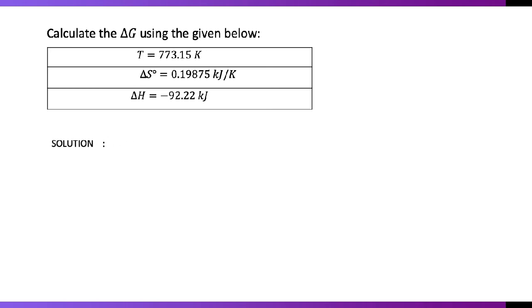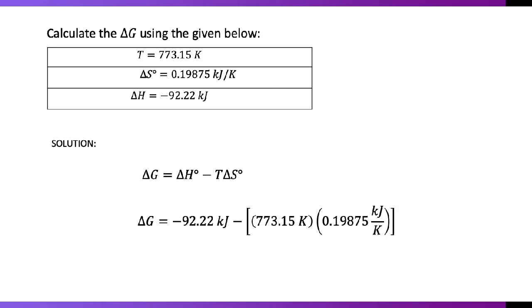In case you are given a problem where the unit for temperature is in Celsius, you need to convert it to Kelvin. The same formula will be used again. And then plug in all the given values. And we will get 61.44 kilojoules.